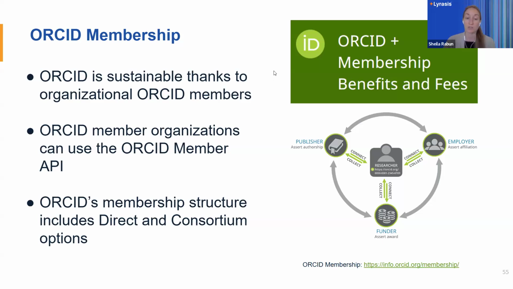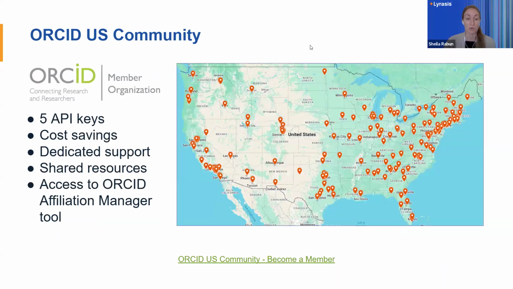Organizations can join ORCID as either a direct member or through an ORCID consortium for nonprofit organizations. On the next slide, in the US, we have a nationwide ORCID consortium for nonprofit organizations called the ORCID US Community. This allows participating organizations to access 5 premium ORCID member API keys for integrating ORCID with multiple local systems, while also saving on ORCID membership fees.